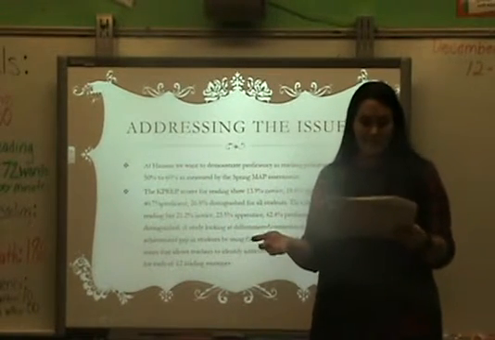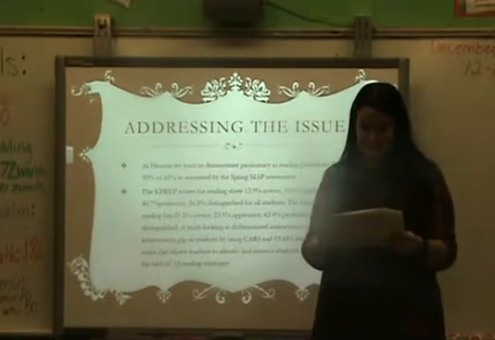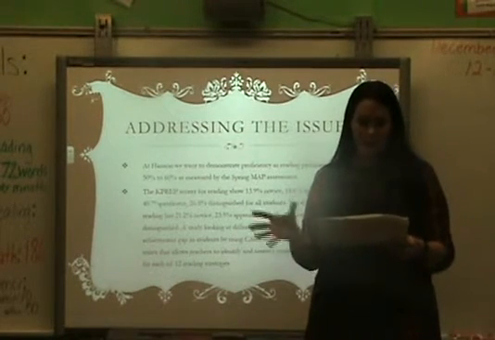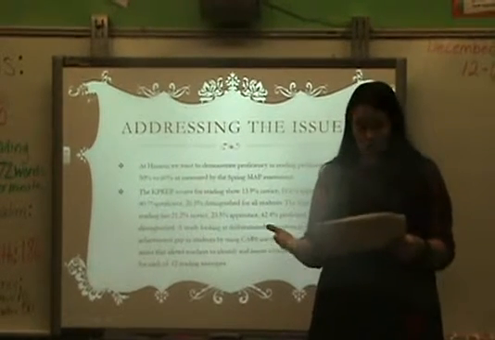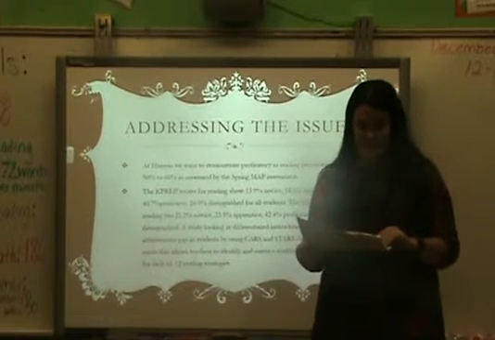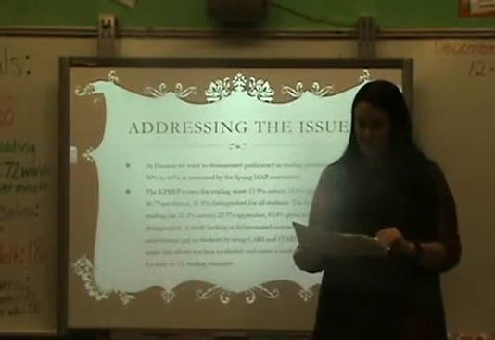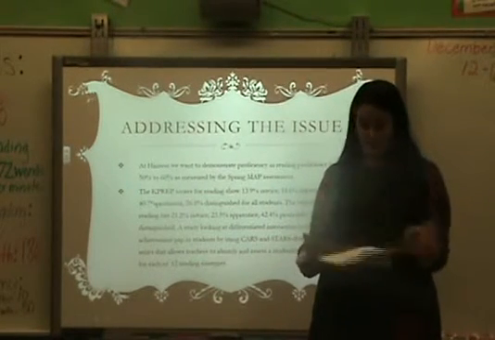The gap group for reading was 21.2%. So we want to make sure that we close that achievement gap in the students, and we can use CARS and STARS diagnostic reading series to do that. It will identify and assess their level of mastery for 12 reading strategies.